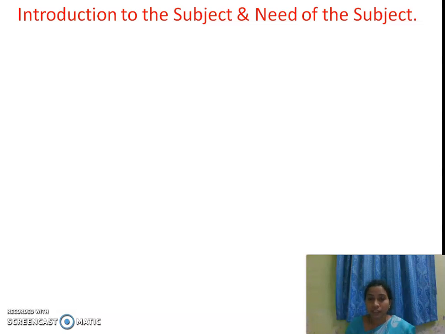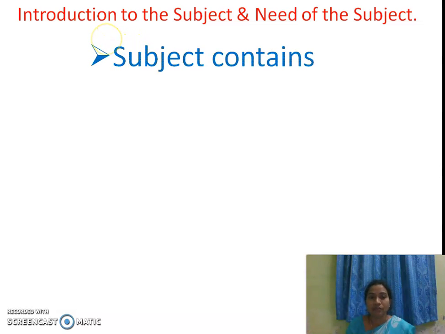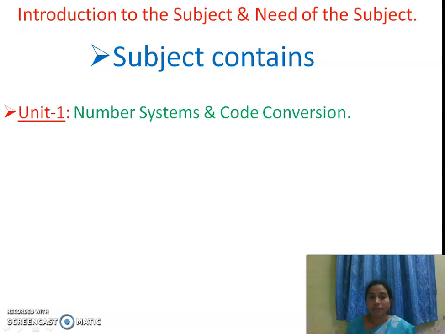Now let's see, we have 5 units. The first 3 units belong to digital electronics and the remaining 2 units belong to microprocessor. Now let's see the first unit, number systems and code conversion. Here we will learn the basics. How many types of number systems are there? How do we convert one number system into another?